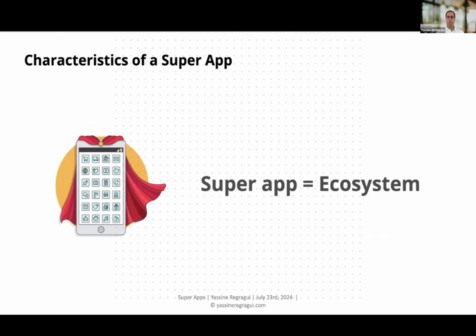So first and foremost, I would define super app with one word: ecosystem. You can have it on the phone, you can have it on a computer, you can have it on, let's say, a full metaverse. It can be virtual as well. It's all about constructing an ecosystem.